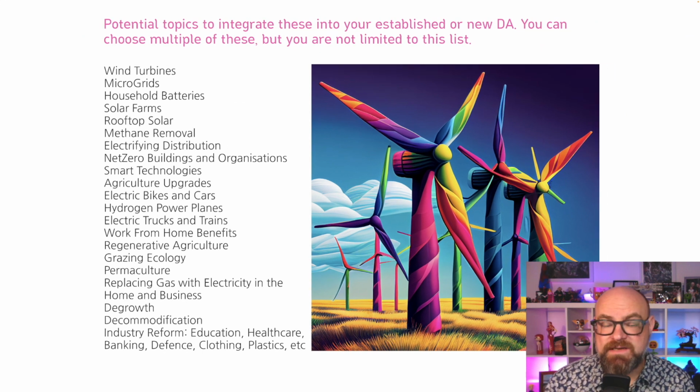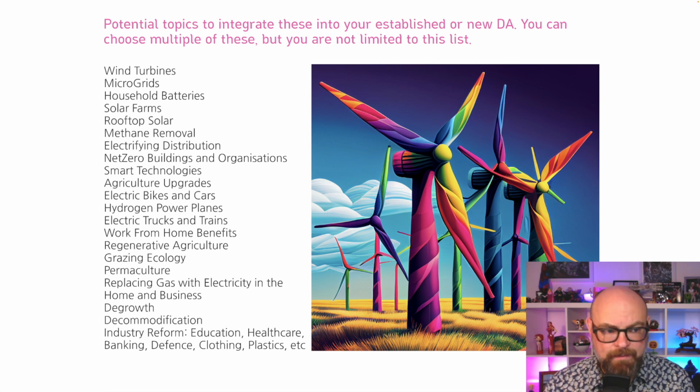So, what are some of the potential topics for integrating into your established or new DAs? This is a long list of ideas or technologies or innovations that you could plug into your existing DA or start a new DA, right?